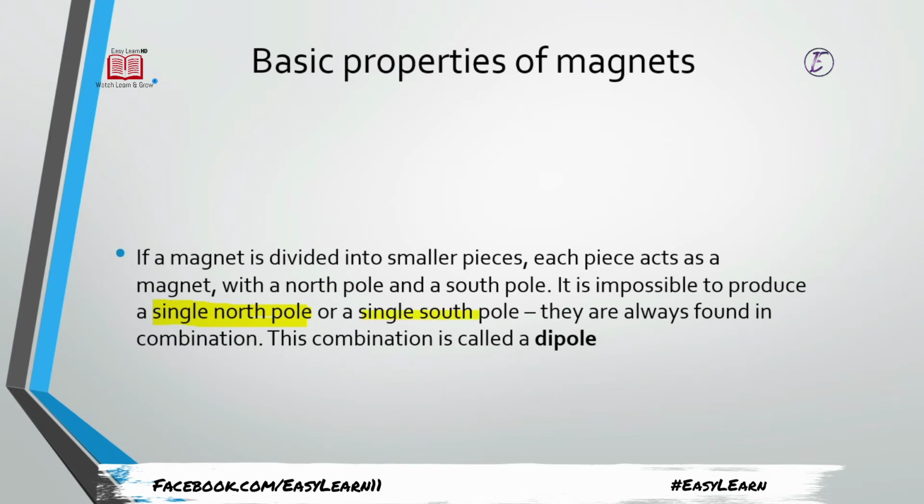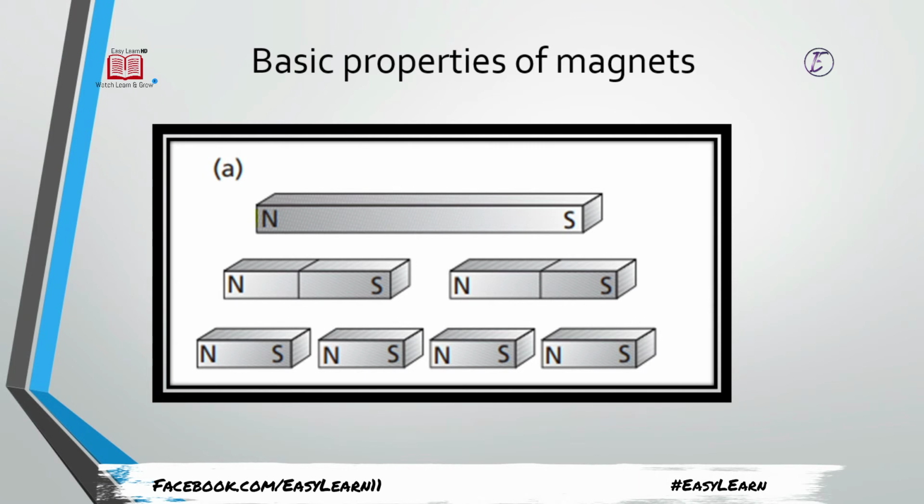Let's take this simple bar magnet, which has a north pole and the opposite pole, of course, south. If I cut it from here, it doesn't mean that this half is totally north and this becomes totally south, but it changes again.